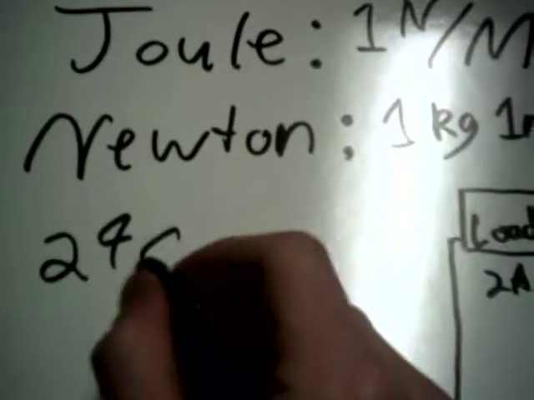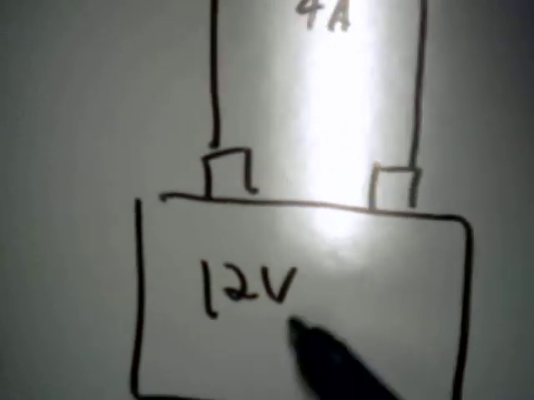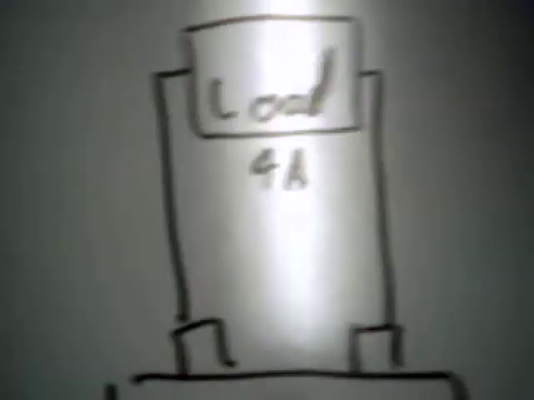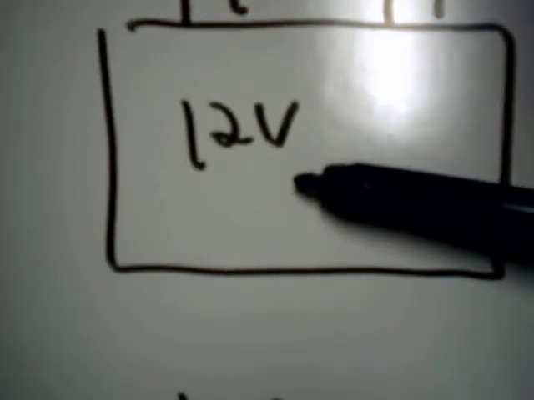So we have 24 coulombs per second, which gives 24 joules every second.